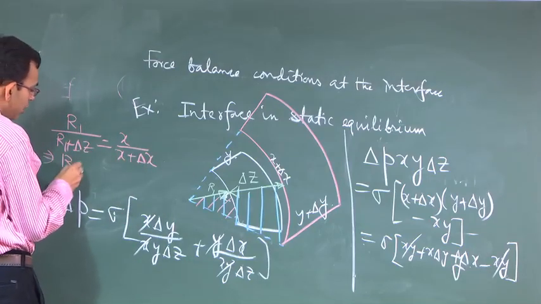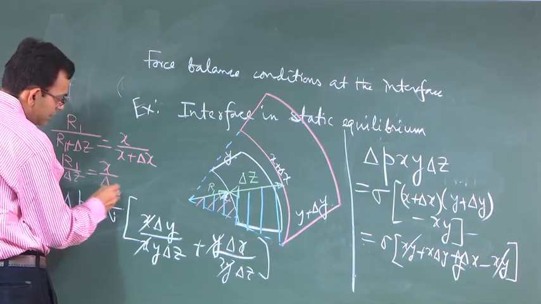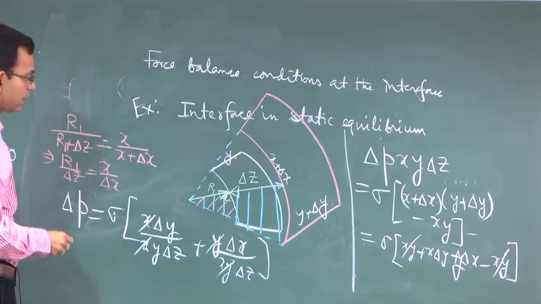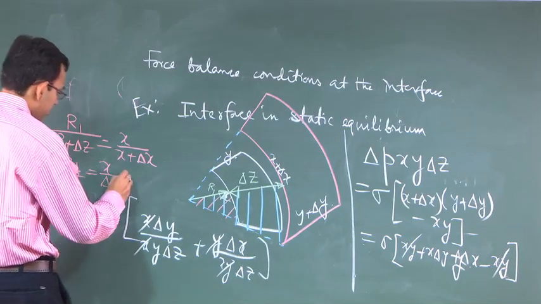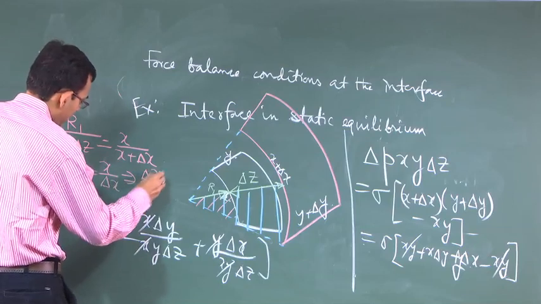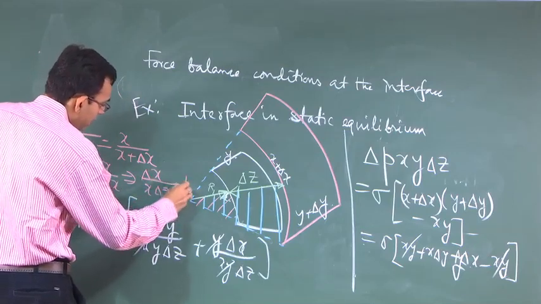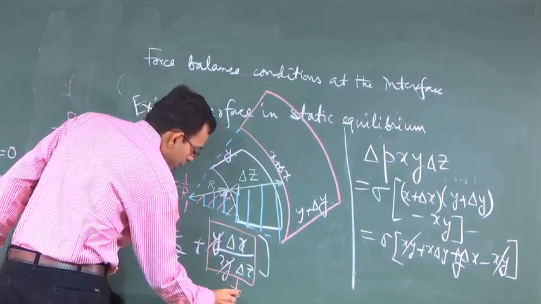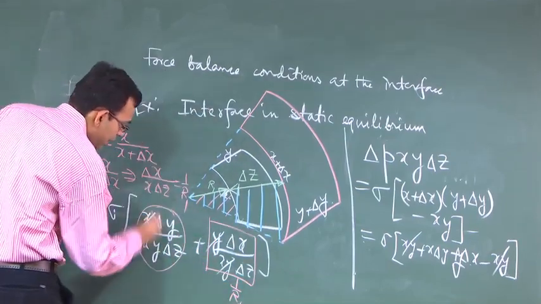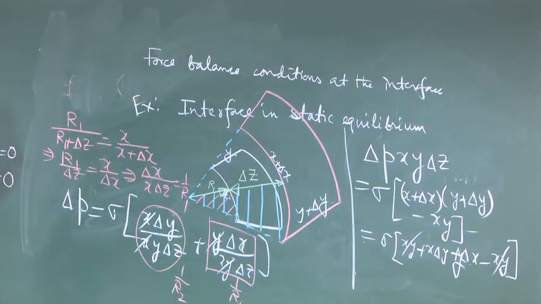That means R1 by delta z is equal to x by delta x. So, we can write delta x by x delta z is 1 by R1. So, this becomes 1 by R1, and similarly this will become 1 by R2.